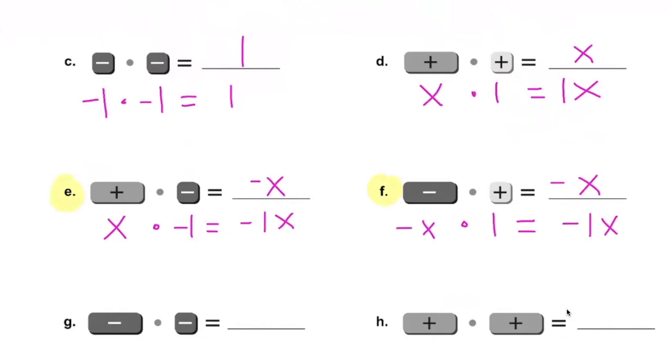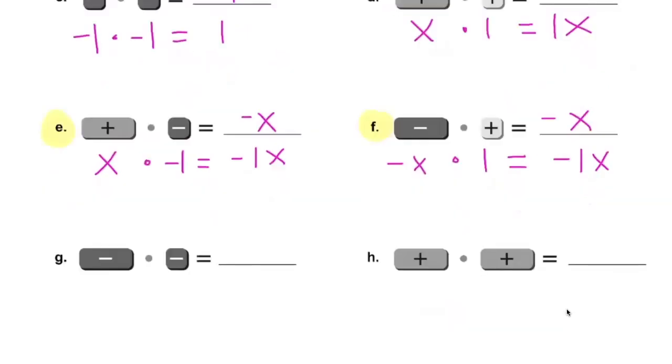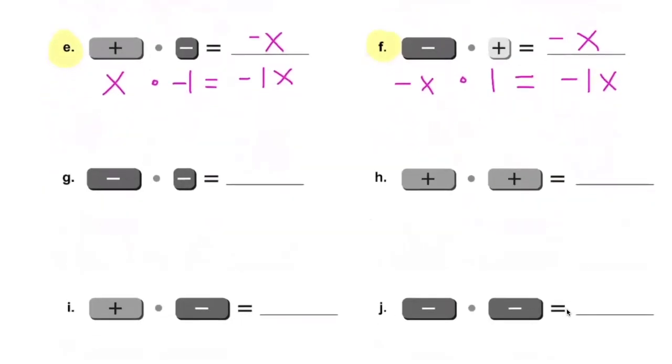Because we are simply just worried about positive versus negative, and it's times 1, we get the same answer. Next, we have a negative x times a negative 1. Well, we already know two negatives make a positive, so we're going to get a positive 1, and then we still have our x, so we just get a positive x.